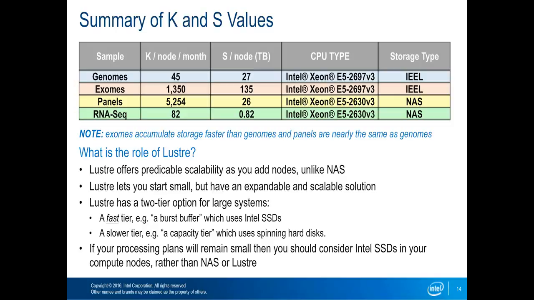As I mentioned, in larger systems you can use a two-tier system of SSDs for a burst buffer and spinning drives for a capacity tier. However, if you're just building a small system and you're going to remain small and don't necessarily need to scale, you can consider using SSDs instead of Lustre. It just depends on your needs. And just to be clear, SSDs are used in the burst buffer too. It's just in a different way than in a small system.